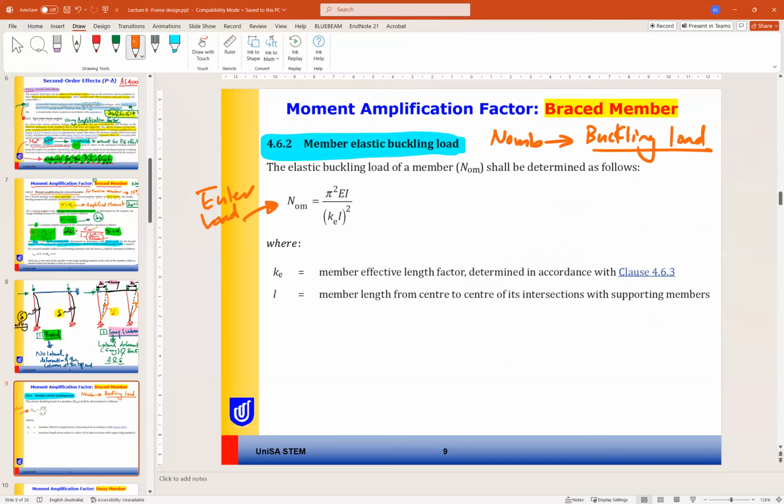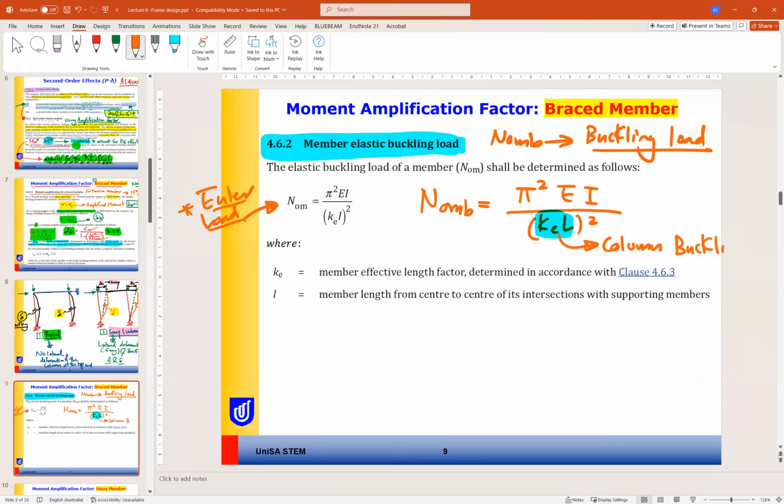If you study mechanics of materials, we have the Euler load equal to pi squared E I divided by K effective L to the power 2, where K effective L is the column buckling length.